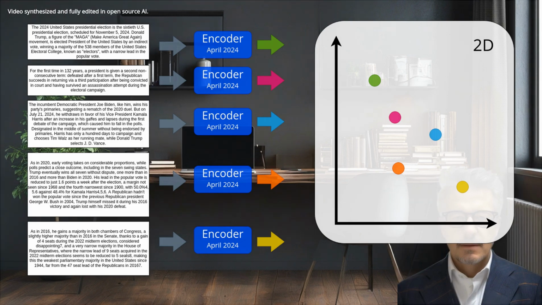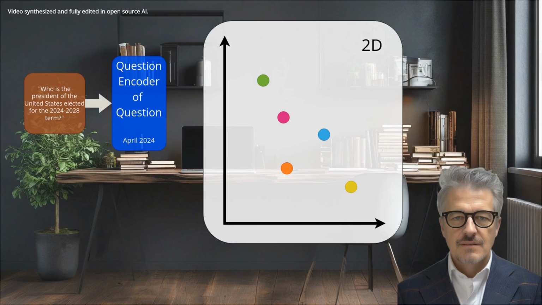This vector is a mathematical representation of semantics, independent of a language in some way. These vectors are of fixed size and consist of several hundred dimensions in practice. Here, to simplify the representation, these vectors are projected into a two-dimensional coordinate system. Next, we encode the question with the same encoder.